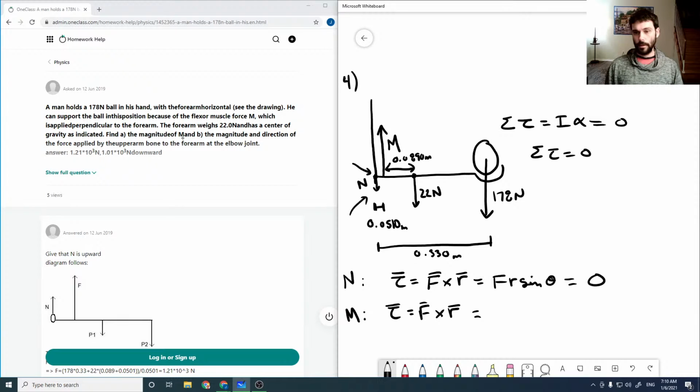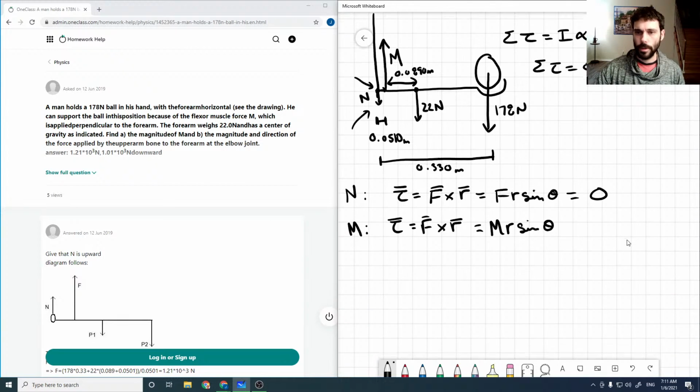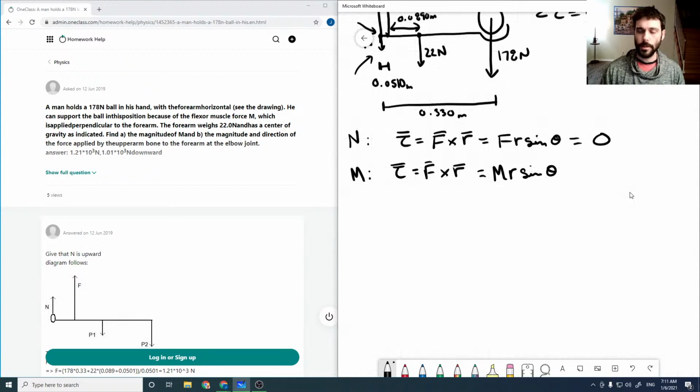For our M force, our torque is F cross R, which in this case is M R sine theta, where I'm using M for the force. Now we need to use the right-hand rule to determine directionality, just so that we know which one should be negative and which one should be positive.